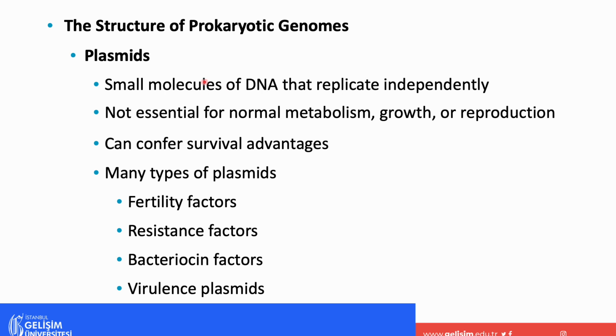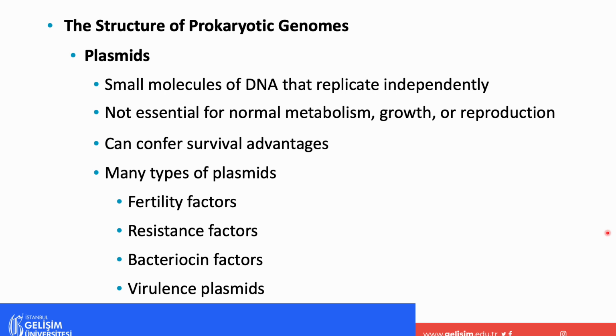As I said, plasmids are small, circular, and they can even be linear, double-stranded DNA molecules that exist independently of the chromosomal DNA in prokaryotic cells. They're not essential for normal growth, metabolism, or reproduction of the host cell, but they can confer certain advantages to that host cell under certain conditions.